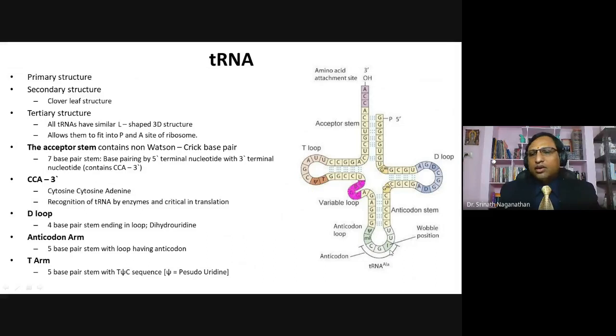If I is present in this RNA, it can go for the wobble hypothesis, which we will discuss in later stages of the same topic. This is a variable loop which is formed here, and this is our T, psi, and C, that is the T pseudouridine and cytosine loop, and this is the D loop which is present.